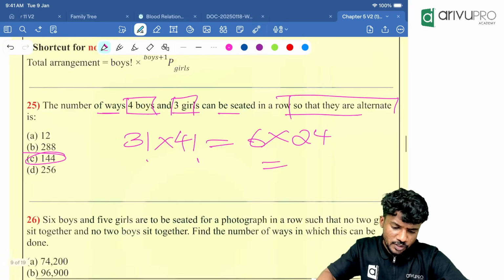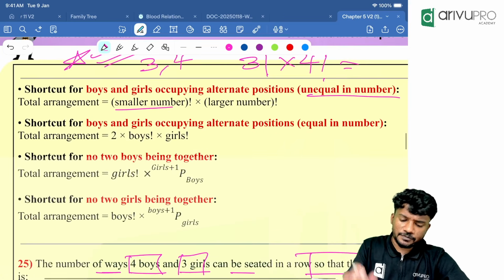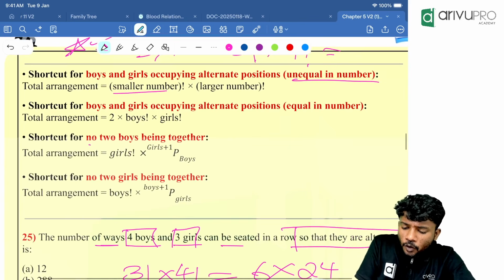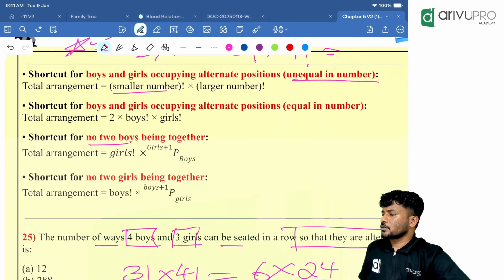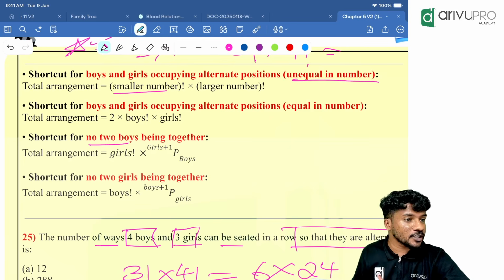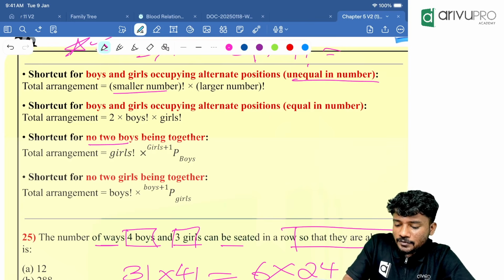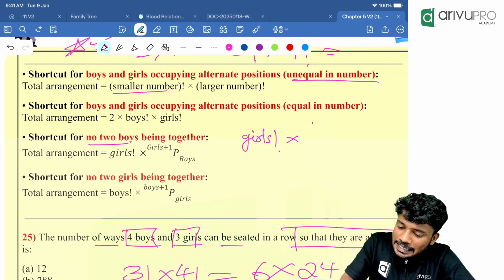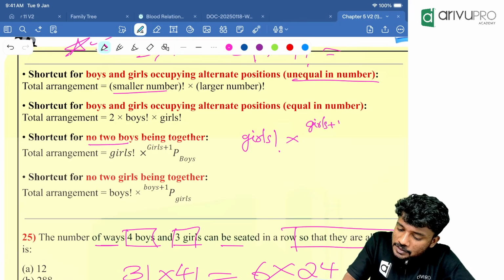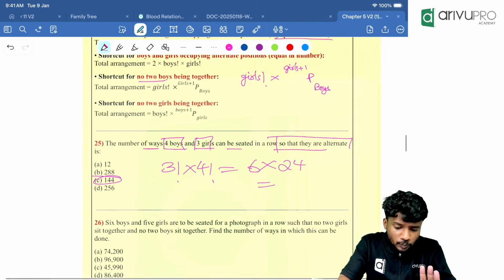Now, one more question I'll ask you. What if no 2 boys are together? No 2 boys are together means our answer will be number of girls factorial into (girls plus 1) P number of boys. I'll show you with one example.